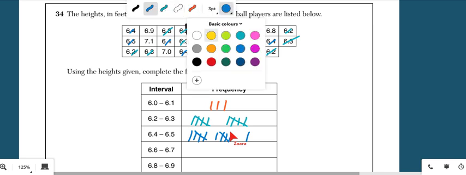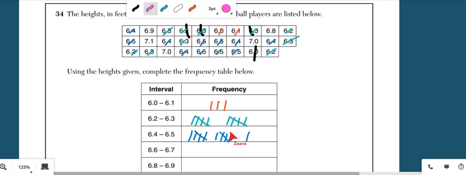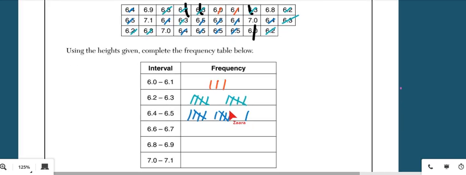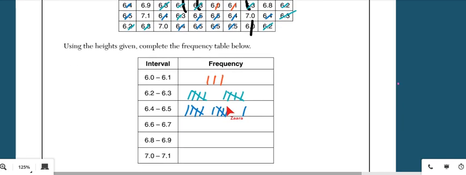And now let me change the color to purple for the next one, which is 6.6 to 6.7. So there is no number, right? Okay, so it will be empty. Then from 6.8 to 6.9, there are two numbers in this one.